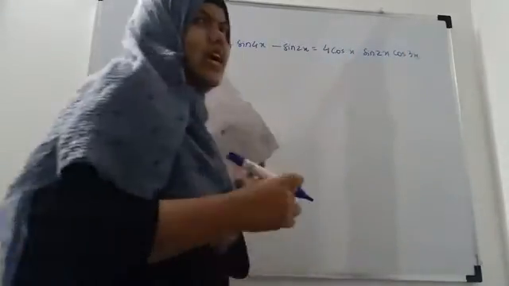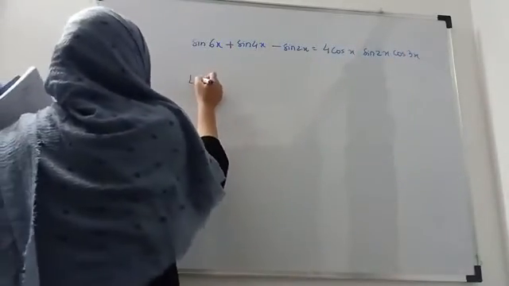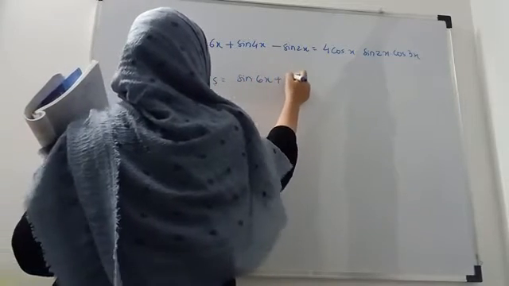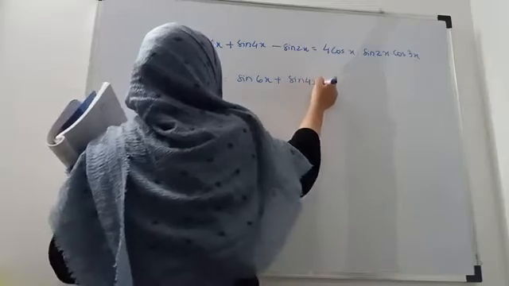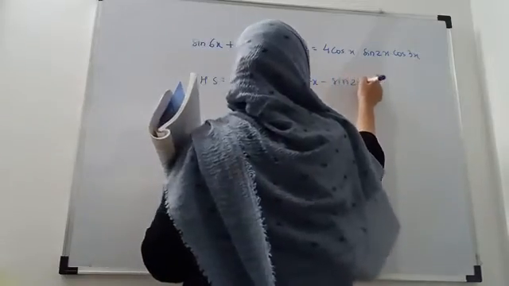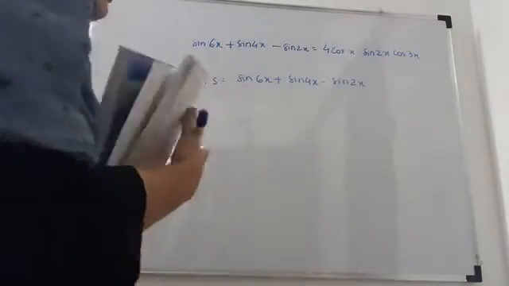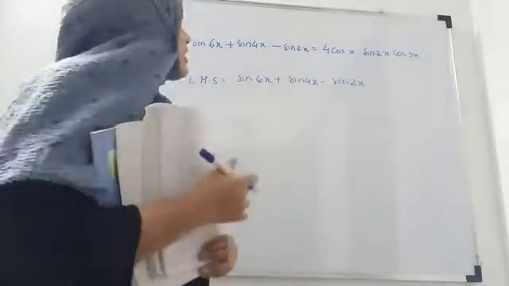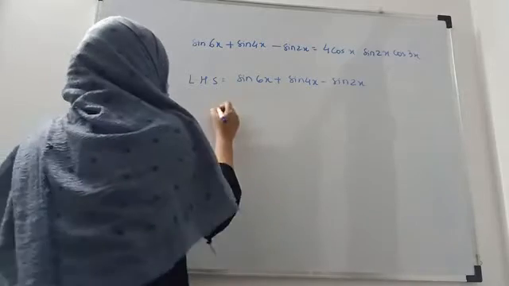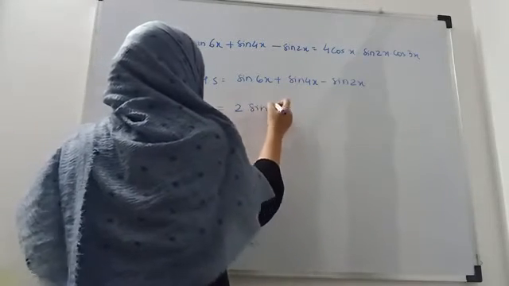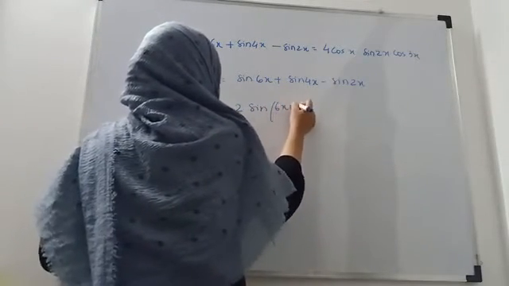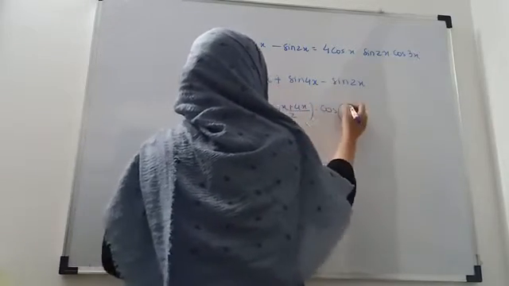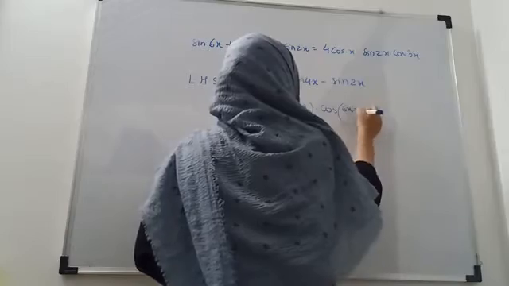Okay, so we'll start with LHS. For the first two terms we'll use the factorization formula for sin c plus sin d. The formula is 2 times sin of c plus d upon 2, that is 6x plus 4x upon 2, into cos of 6x minus 4x upon 2.